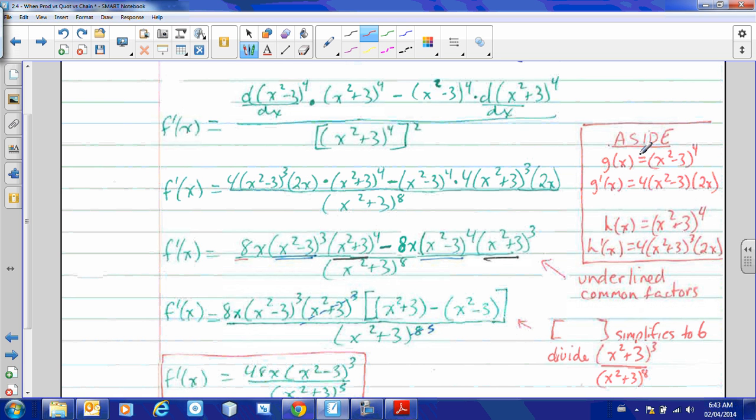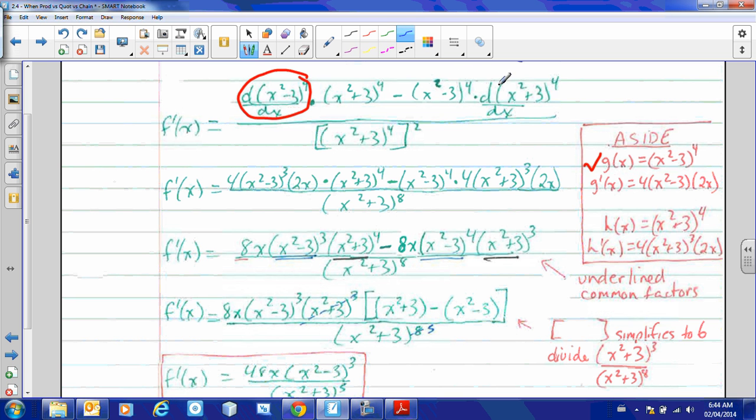And I just kind of declared that off to the side in case somebody wasn't sure. This is just, if that were the entire question, take the derivative of that as a chain rule. 4 is multiplied out front. We end up with an exponent of 3 times the 2x.